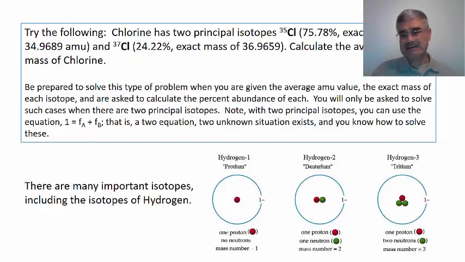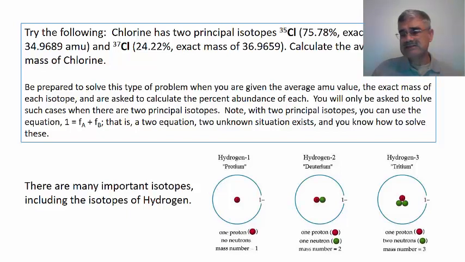Now, there are many other important isotopes, and let me just point out one other one that you've probably heard about. Hydrogen exists as 3 isotopes. The most common isotope of hydrogen, hydrogen-1, is what we call protium. It simply has a single proton in the nucleus, plus an electron in its orbit.